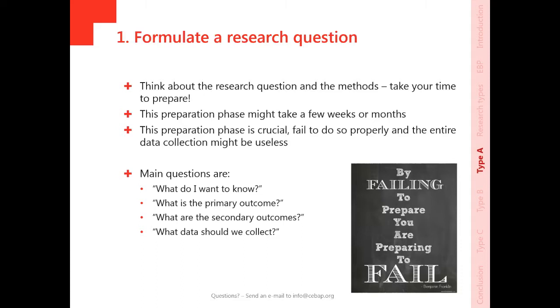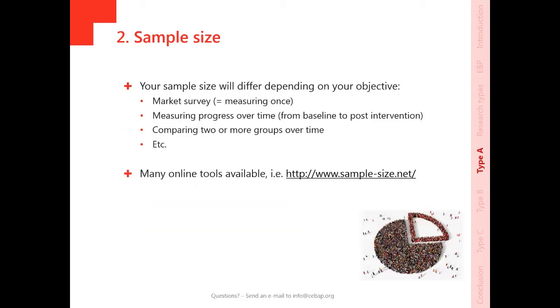So once you have formulated a research question and defined a primary outcome, you can use this outcome to calculate an appropriate sample size. A good data collection always starts with a sample size calculation. If you want to be able to draw conclusions from the data you have collected, it's important to have an appropriate sample size.